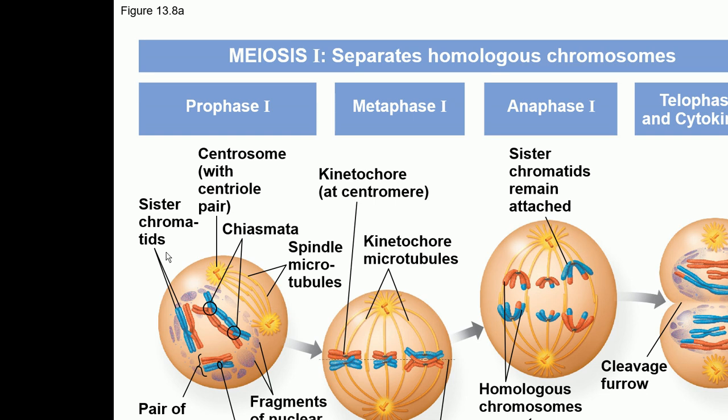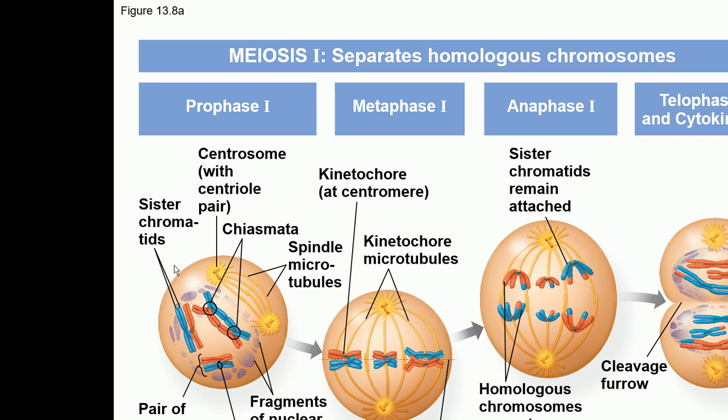And this event is called crossing over. When these chromosomes go through genetic recombination, or when they physically exchange the genetic material, these X-shaped structures are formed, and they are called chiasmata.